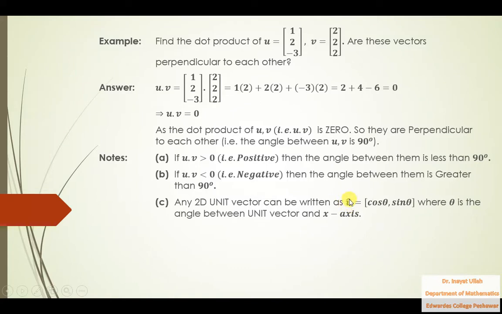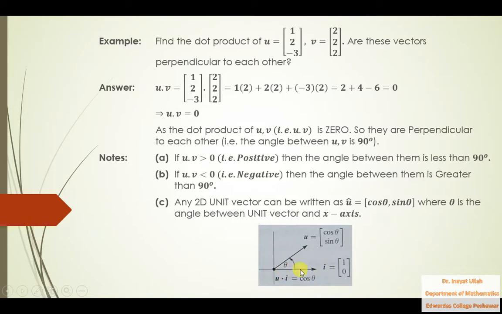So that is a unit vector, u cap. U cap is actually what? A 2D unit vector will be equal to cos theta comma sin theta, where theta is the angle between the unit vector and the x-axis. That is the figure. Just look at this.